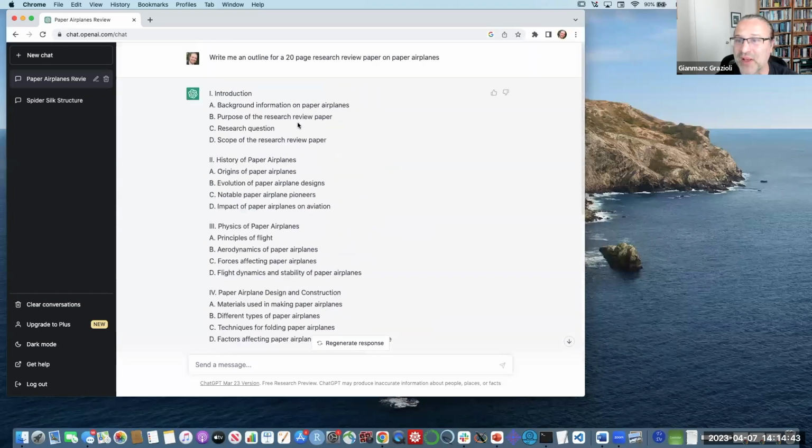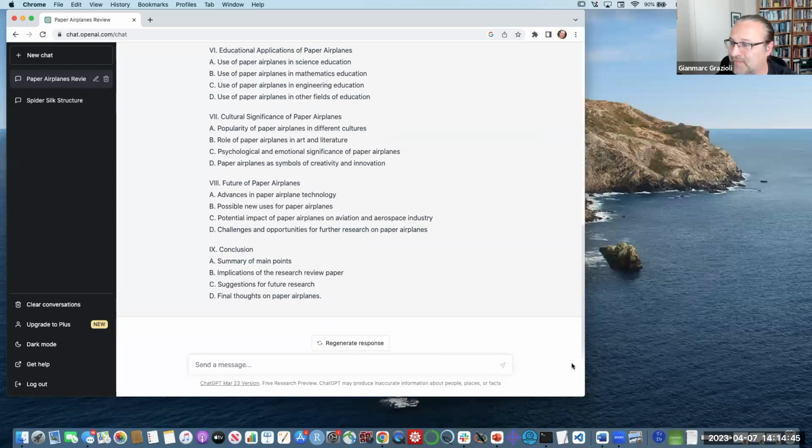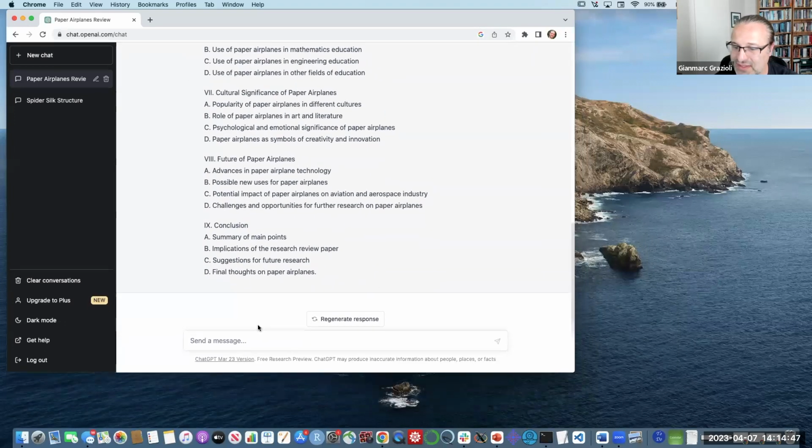So I was playing with some prompts the other day, and let's see. One thing you can do for looking even through the literature, you could say, who are some of the leading engineers studying the aerodynamics of paper airplanes?